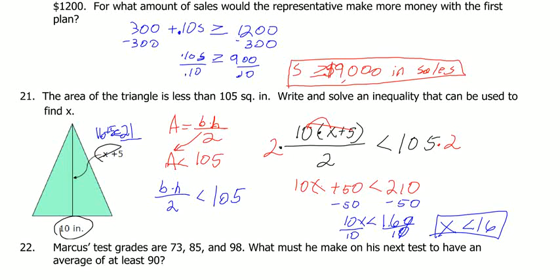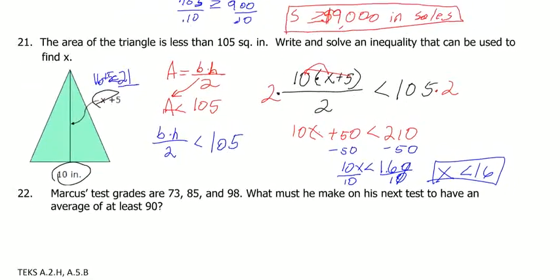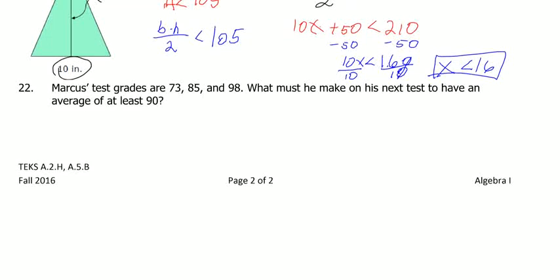Okay, so, last one. This one pertains directly to all of y'all. So, Marcus' test grades are 73, 85, and 98. What must he make on his next test to have an average of at least 90?